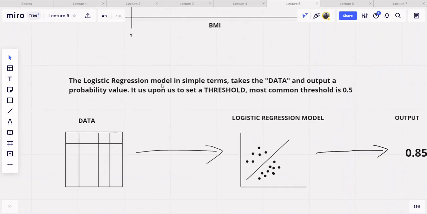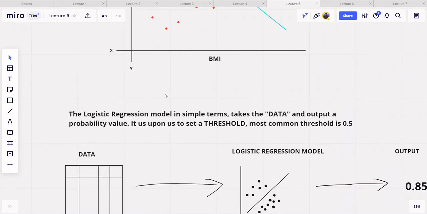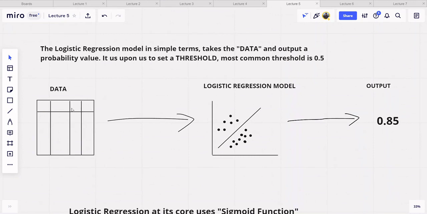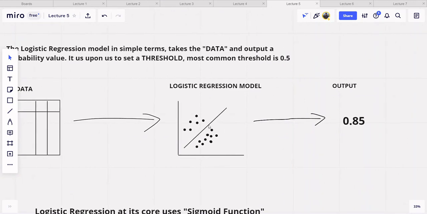We give the model our data, and using this boundary that the model has found, it gives as output the probability of that particular object belonging to that particular class.